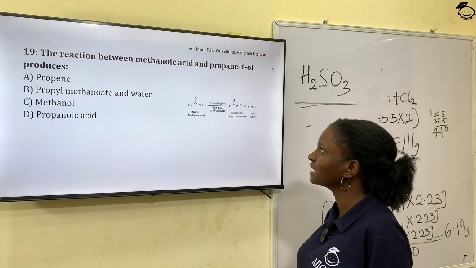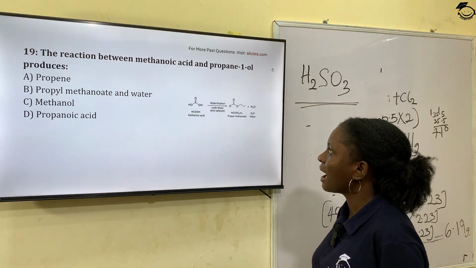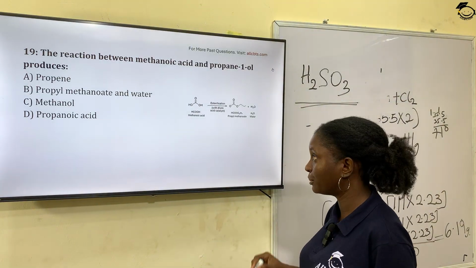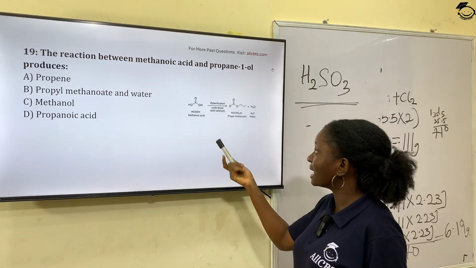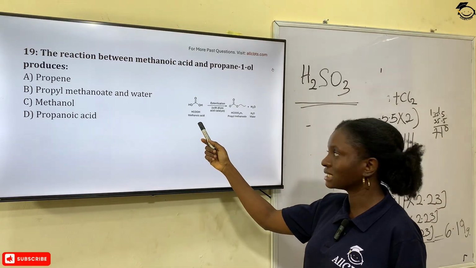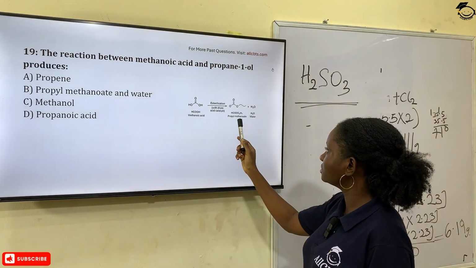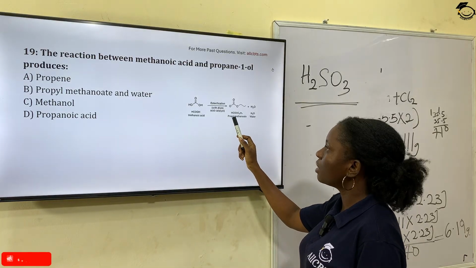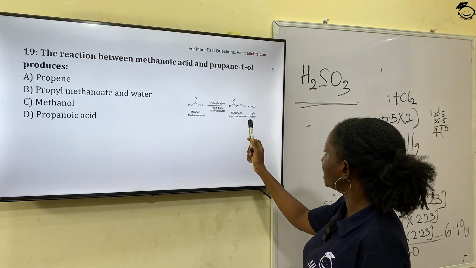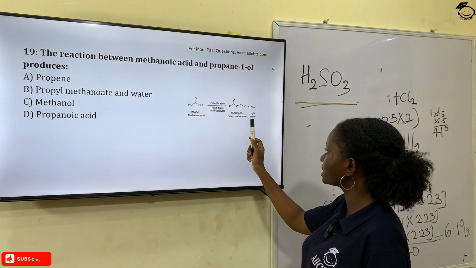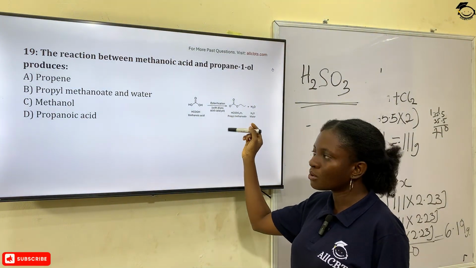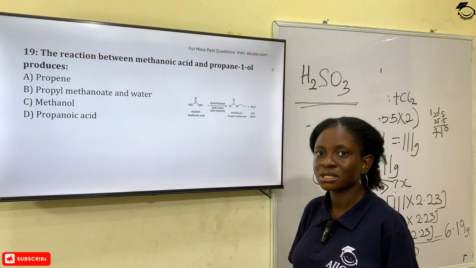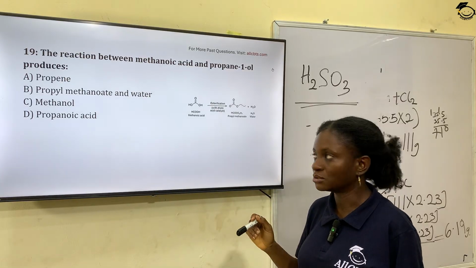Question 19. The reaction between methanoic acid and propan-1-ol produces. Looking at the reaction, methanoic acid reacts in the presence of a dilute acid catalyst to produce propyl methanoate and water. This whole reaction is known as an esterification reaction, and the products are an ester and water.